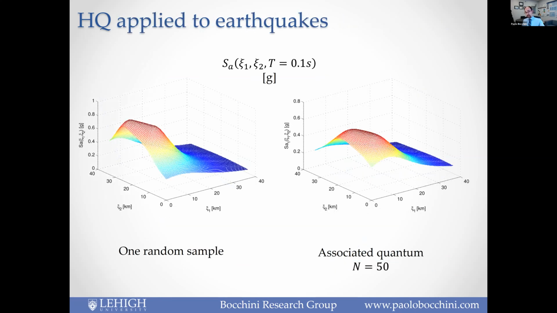This is one sample. Here we were not using residuals, so local variability. This is just a smooth attenuation function. And this is one quantum. When the quantizer size is 50, you see that they're not identical, but there are similarities.